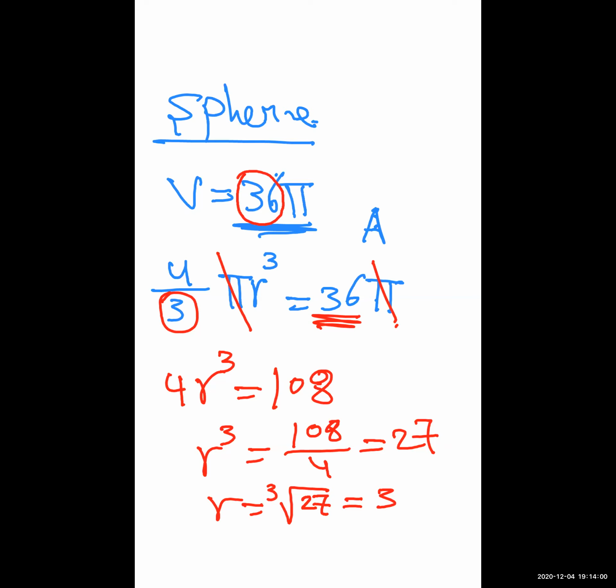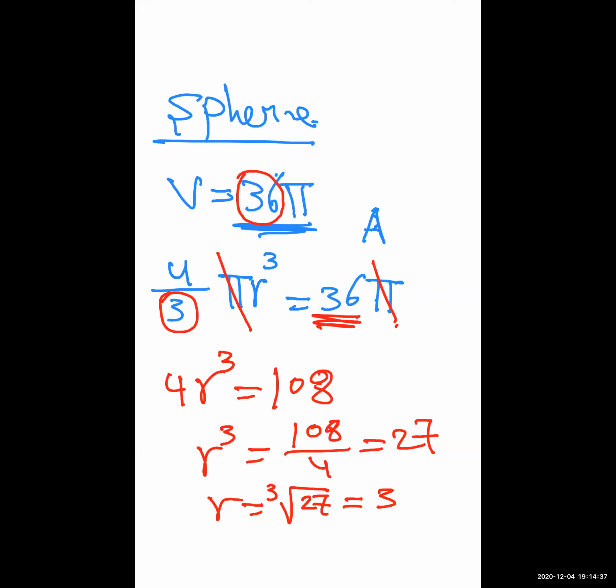When you get the area, you use π, so you get the answer in terms of π. Here the volume is given in terms of π, so we will get the area in terms of π. That's what I did.